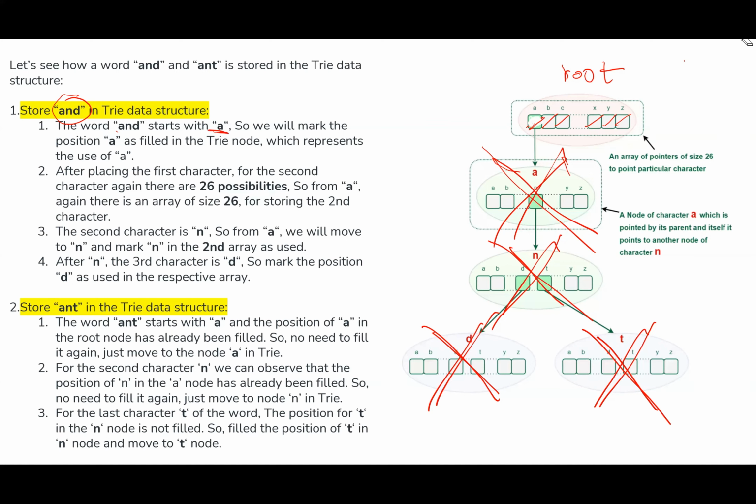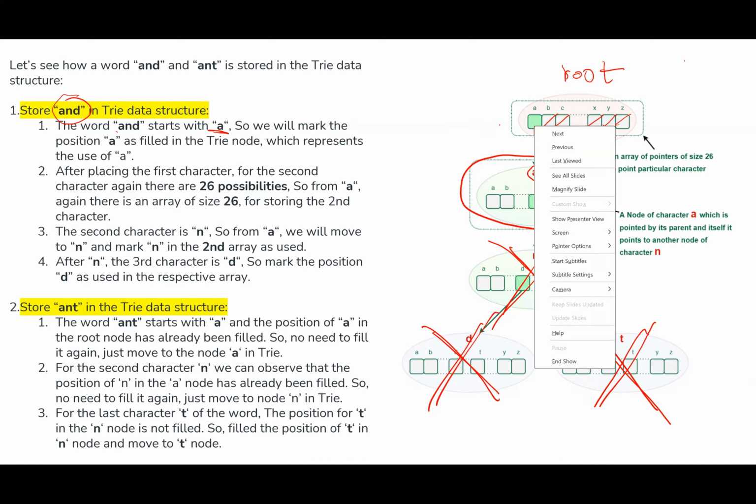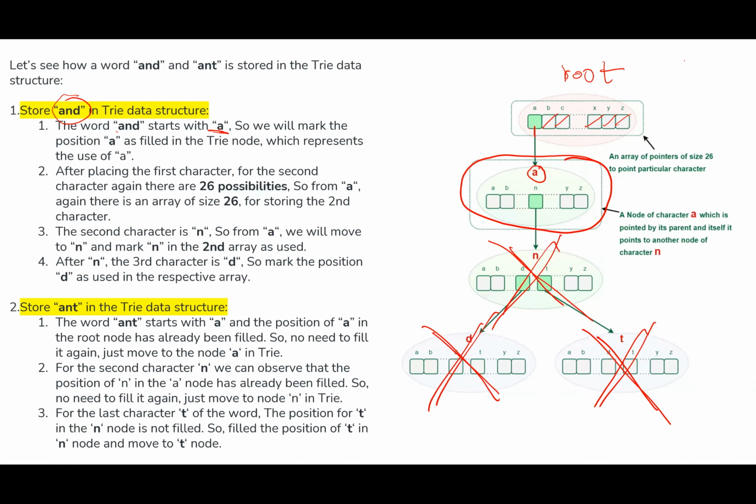So what we do is we create a node for A, and then we attach it as the children from the root. You see, we have created this node A, and then we attached it to the first index, because 0 represents A for today's example.